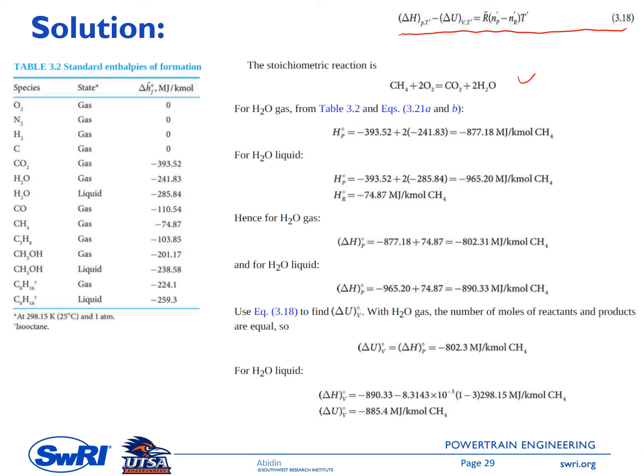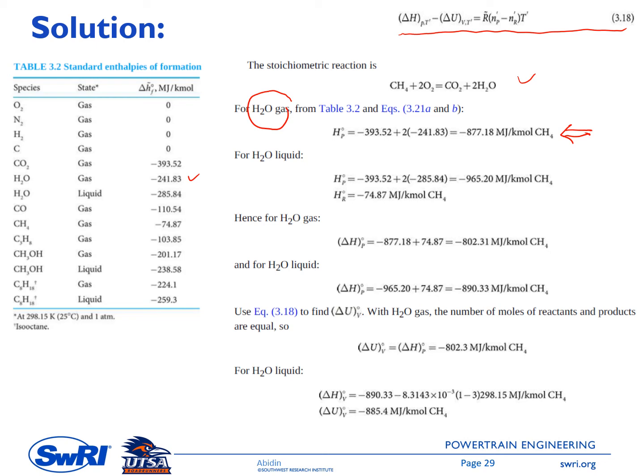For gaseous H2O, from table 3.2 we need to take this one: the enthalpy of formation of H2O in gas phase is minus 241.83 megajoule per kilomole. So we can get HP of minus 877.18 megajoule per kilomole CH4.